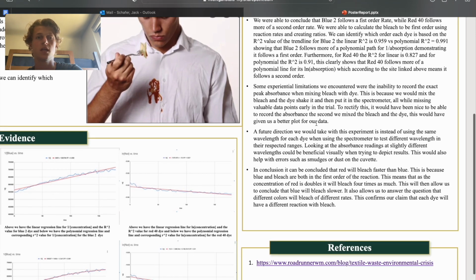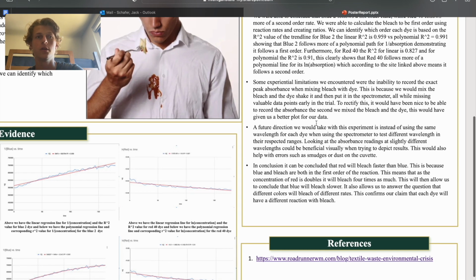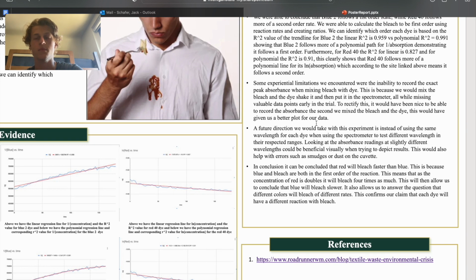And then some limitations that we encountered along the way were the inability to record the exact peak absorbance. We would mix them and then put it in the spectrometer, and that caused a lot of problems because while it's being mixed, we're losing the absorbance values that we would love to have.